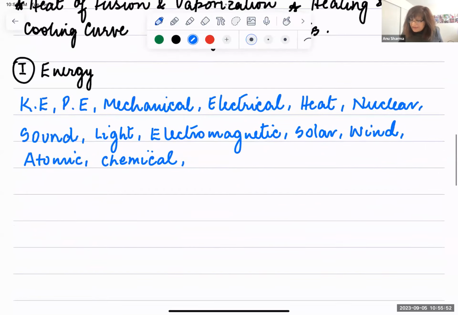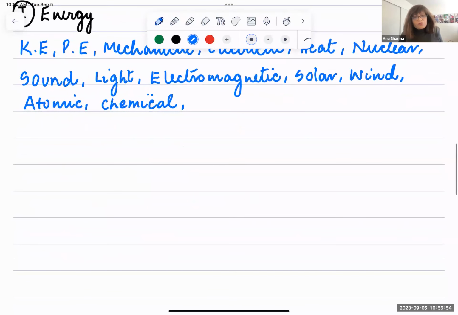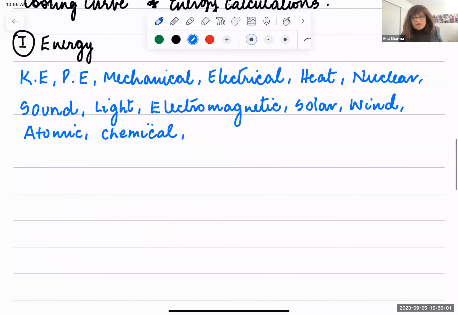Okay, so these energies, how do you define an energy? Define energy. A very broad definition is the ability to do work.